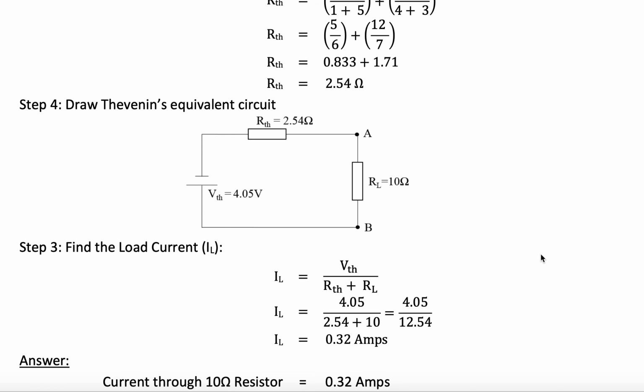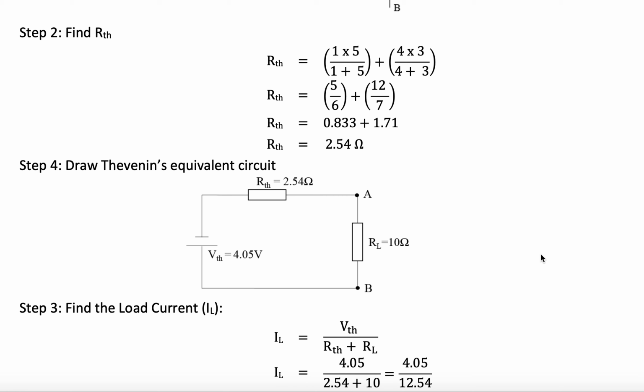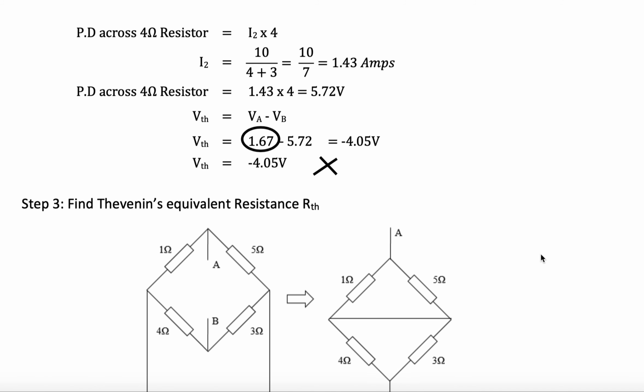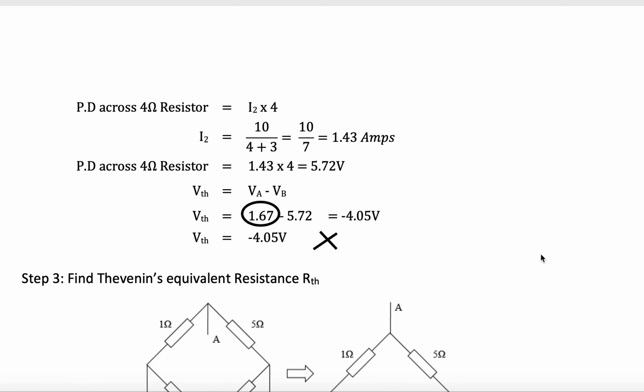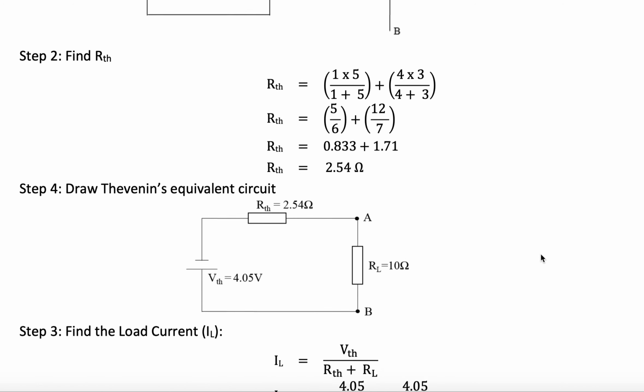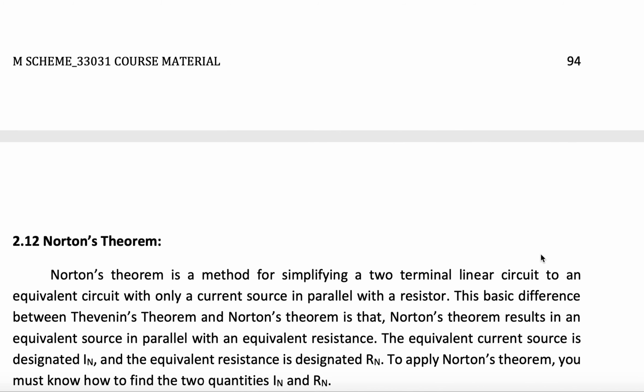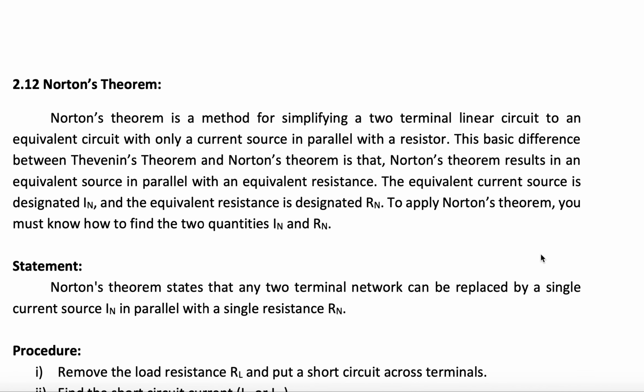Okay, the current value is correct then. 85 by 21 is 4.04, so the voltage is also correct. VTH is not minus, that is the mistake they made. It is actually plus. They went wrong in VA, and the current direction got changed. That is the mistake there.